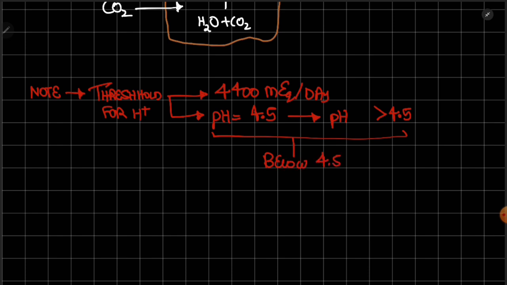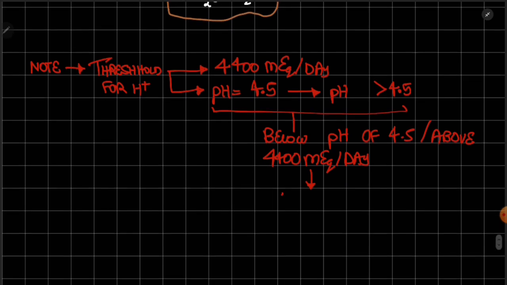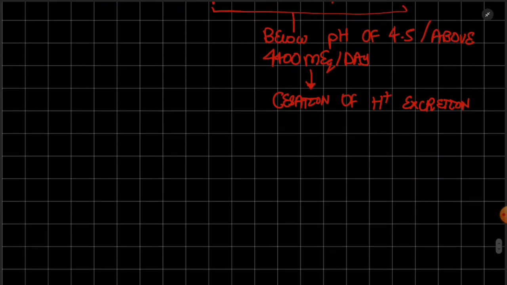Below pH of 4.5 or above 4400 milliequivalent per day, it will lead to cessation of H plus excretion. So tell me, if cessation of H plus excretion occurs, what will happen? Metabolic acidosis. But to avoid this metabolic acidosis, we have the buffers.